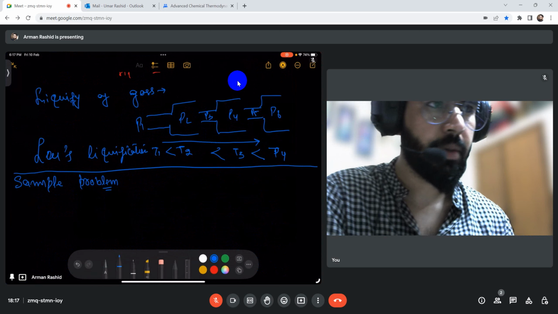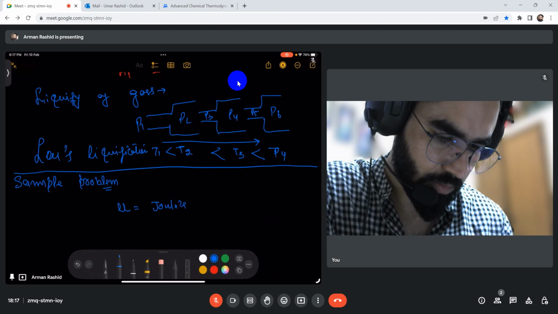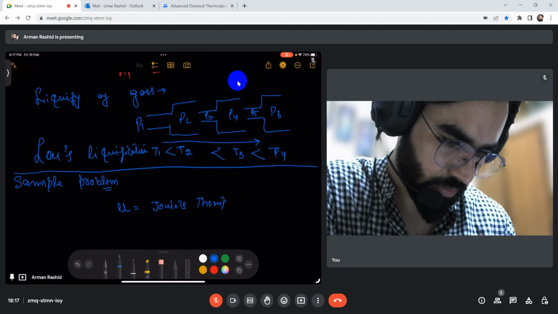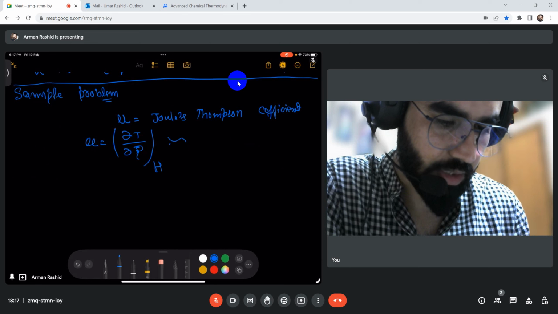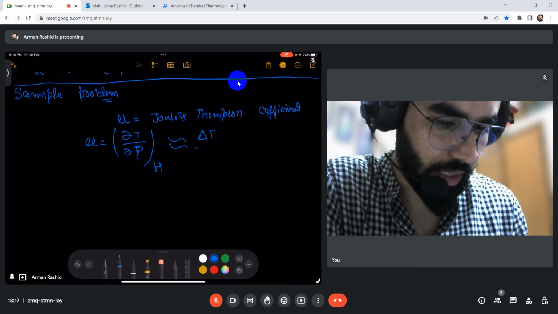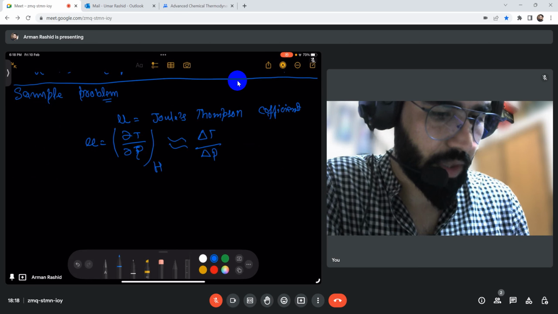Okay, in order to determine that, we know that mu is the Joule-Thomson coefficient, which is given, as we have seen previously, by delta T by delta P at constant enthalpy. Now that is almost equivalent to delta T by delta P. Now we see how much is the change in the temperature.